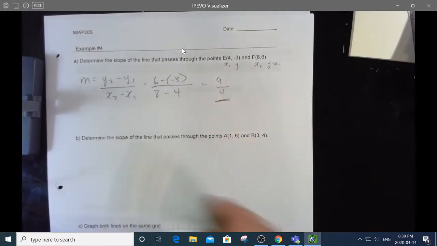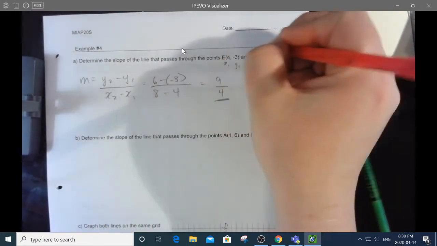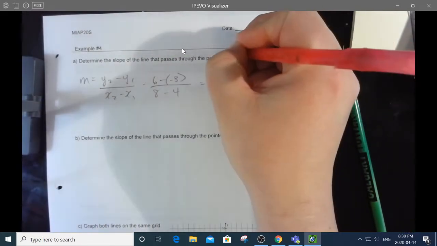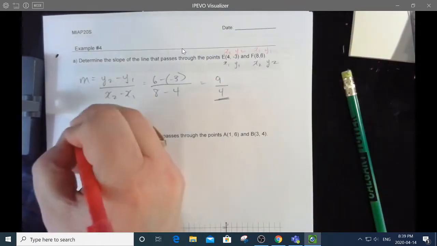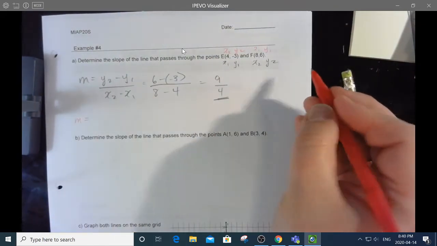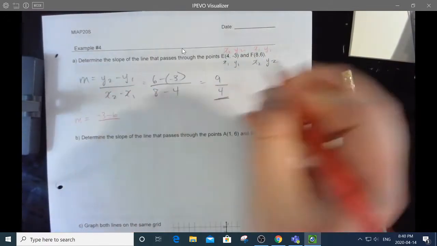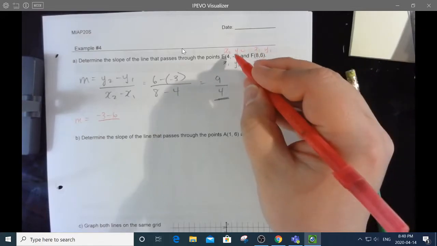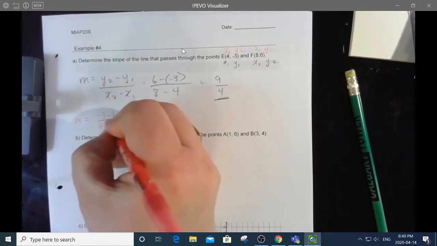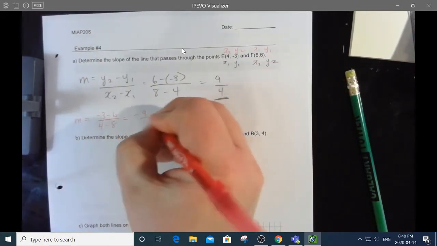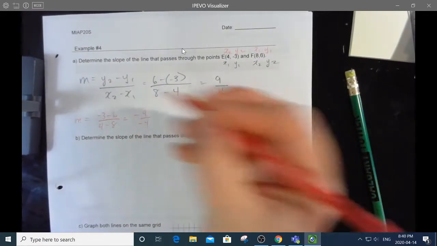Because think about it. If I had called this x1 and y1, and I'd have called this x2 and y2, notice that I would have got negative 3 minus 6 over 4 minus 8, which would be negative 9 over negative 4, which, what's a negative divided by a negative?